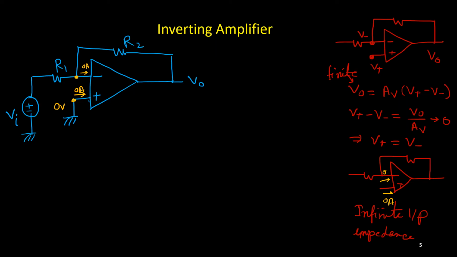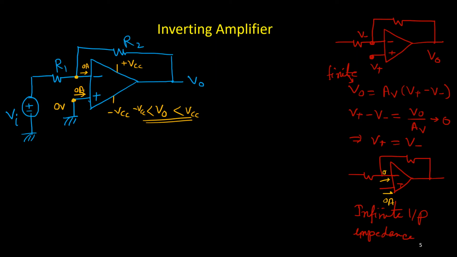Whatever connection is there, because we know that it is a negative feedback, we are assuming that this output is finite, and not only finite, it should be within a range. If it is plus VCC and minus VCC, then V naught should be within minus VCC to plus VCC.